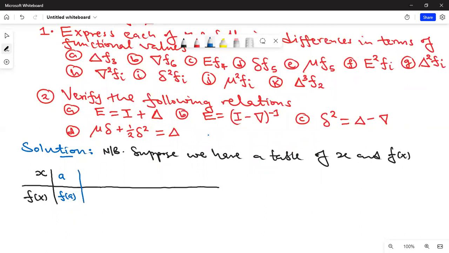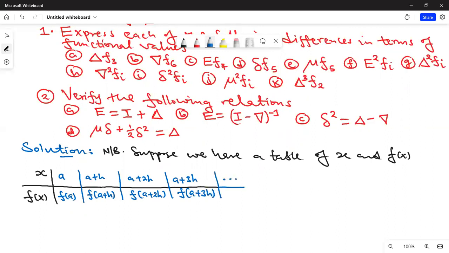If I add a constant value so that I have a plus h, here I have f of a plus h. Similarly, a plus 2h, remember the step size is h, here it will be f of a plus 2h. Proceed, a plus 3h, here it is f of a plus 3h. And you proceed in the same manner.